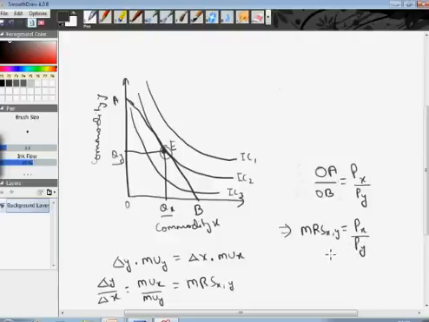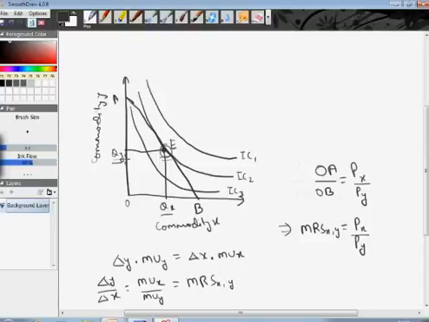Therefore, the consumer is in equilibrium at point E. So this is the point of maximum satisfaction. The quantity of commodity Y to be used should be Qy, and the quantity of commodity X to be used should be Qx. Then the consumer reaches his equilibrium point.